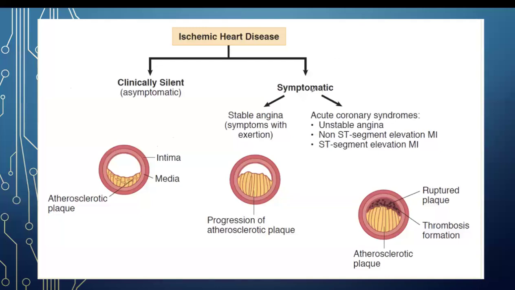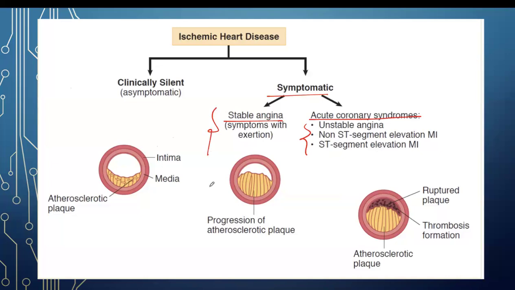So symptomatic ischemic heart disease has been divided into stable angina and acute coronary syndrome, which has three types: unstable angina, non-ST elevated MI, and ST elevated MI.